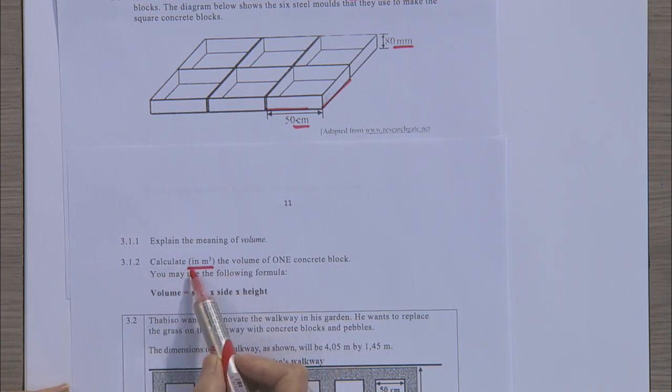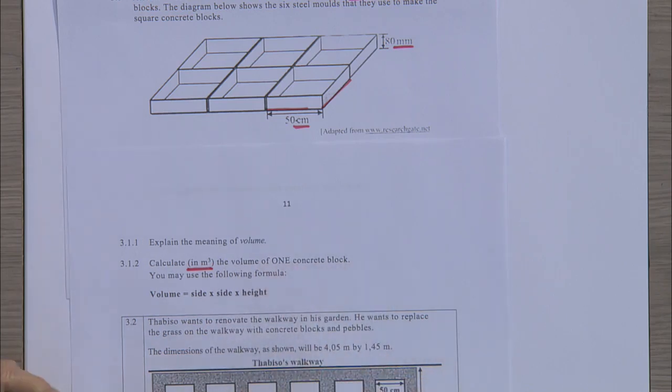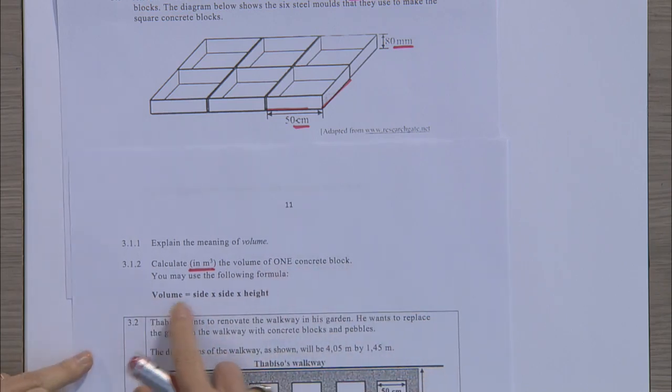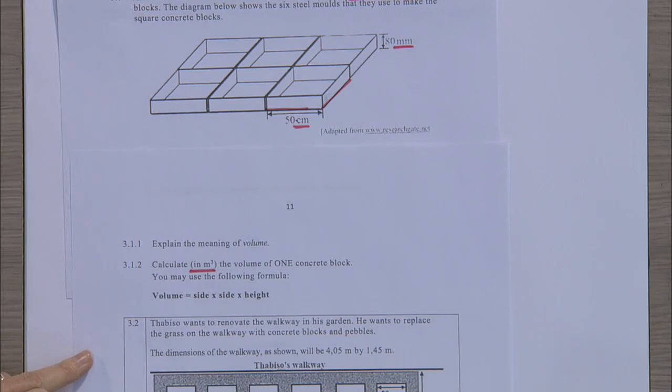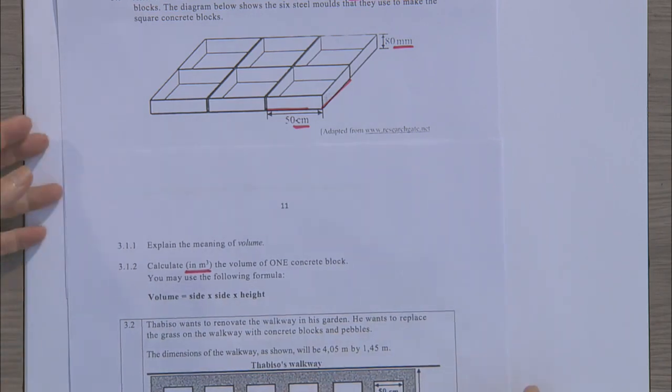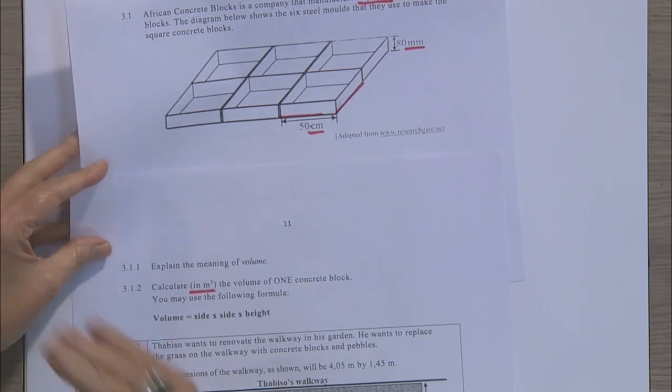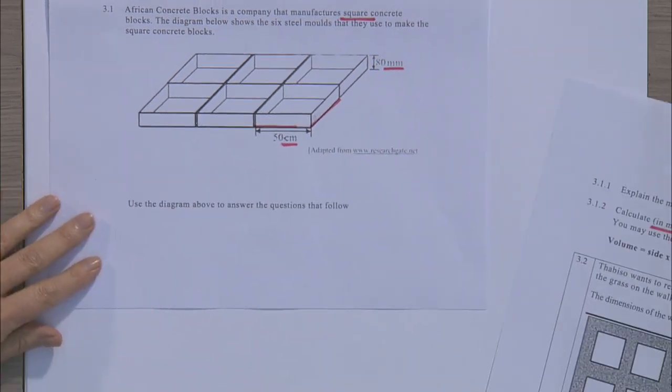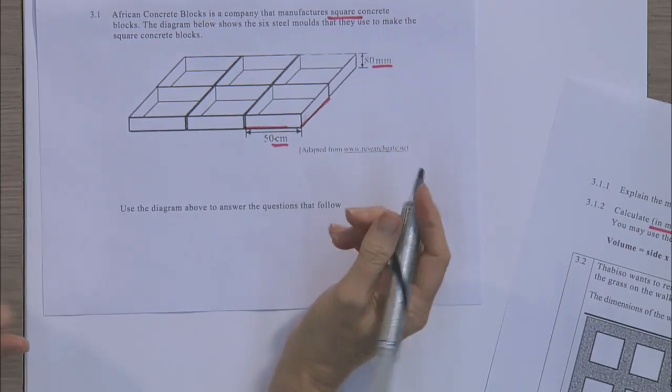So the answer, they want the answer in meters cubed, the volume of one concrete block. And then they say the volume is side times height. So there we have it. Conversions must be done to meters.